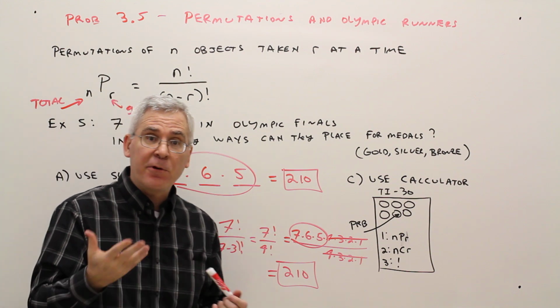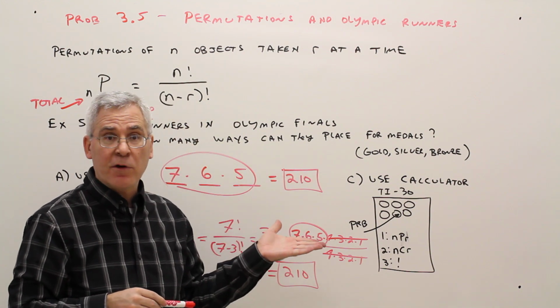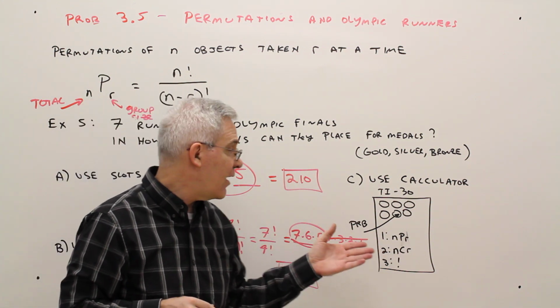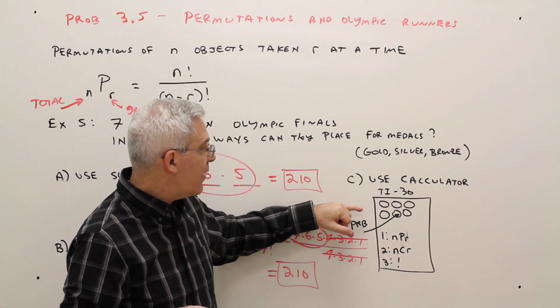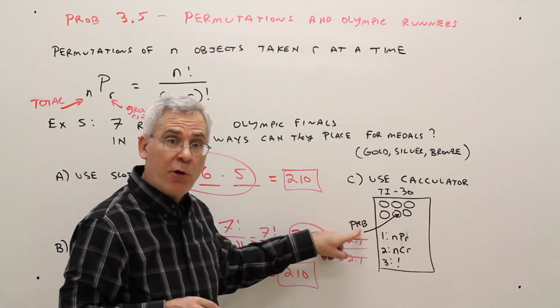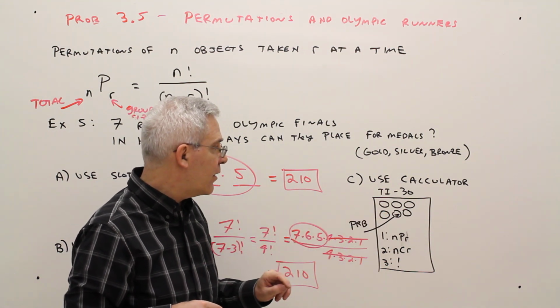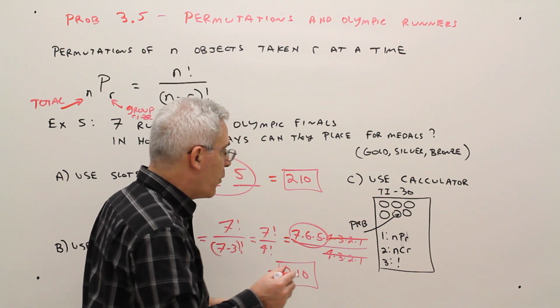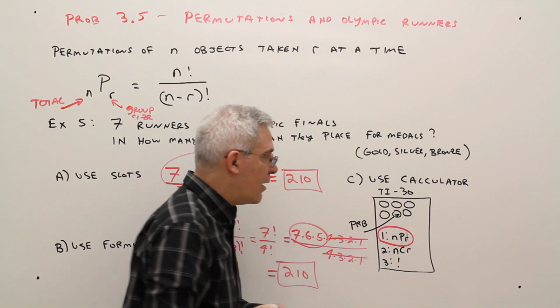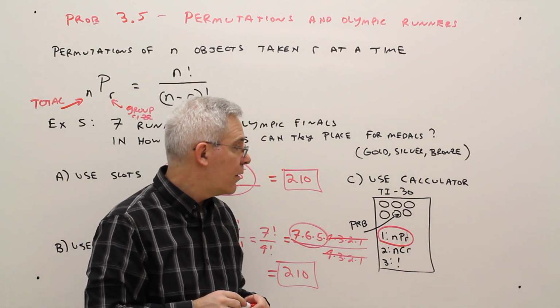And finally, the third way of doing this would be to just use your calculator. All right, so here's the schematic of the TI-30. In the second row, there's 3 buttons. The middle one says PRB, so you would press that. And then we're concerned about permutations, so that's going to be item number 1.